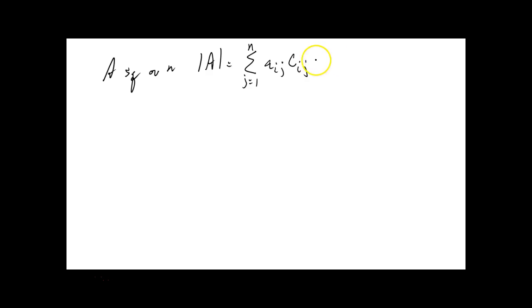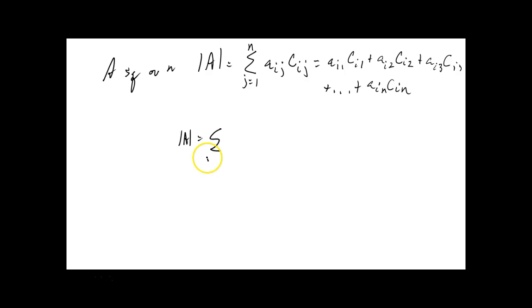You can write them out, which would be a_i1 C_i1 plus a_i2 C_i2 plus a_i3 C_i3 plus dot dot dot plus a_in C_in. That's if you're doing the ith row. Notice the i's are always in there. Ith row expansion.